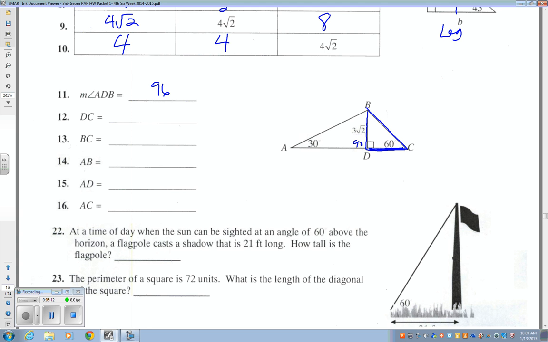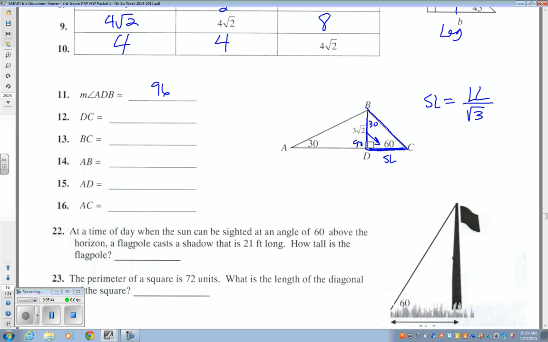In this triangle here, DBC, DC is opposite the 30, so this is the short leg. DB represents what part in this triangle? The long leg. So from the long leg to the short leg, what are you going to have to do? Divide by radical 3. So I'm going to take my long leg divided by radical 3.